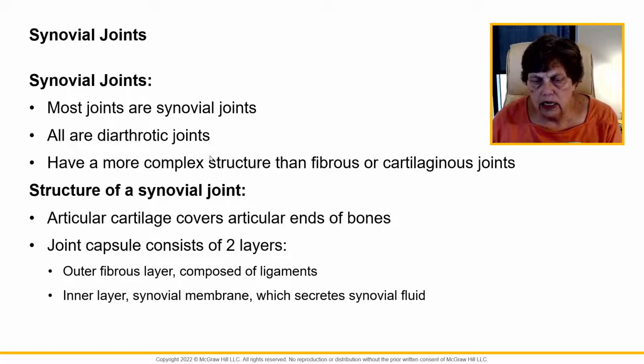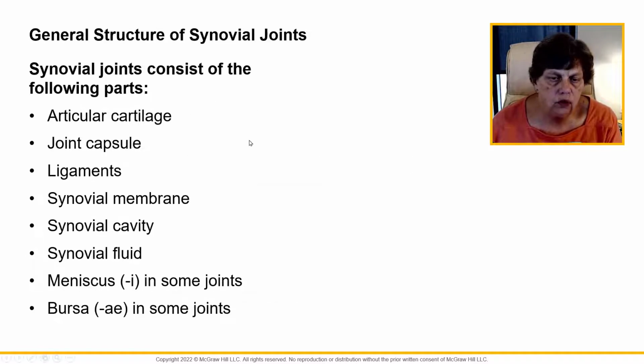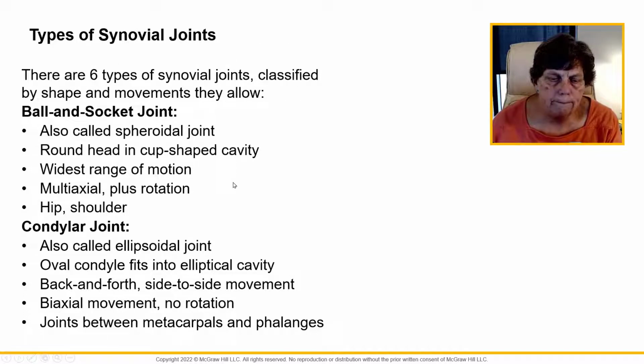So you have an outer fibrous layer, which is ligaments, and then you have that inner layer, which is the synovial membrane, and that secretes this synovial fluid that we'll talk about. So all these parts make up that synovial joint, and you can see you can have that, and then you have a meniscus and sometimes a bursa that we're going to talk about.